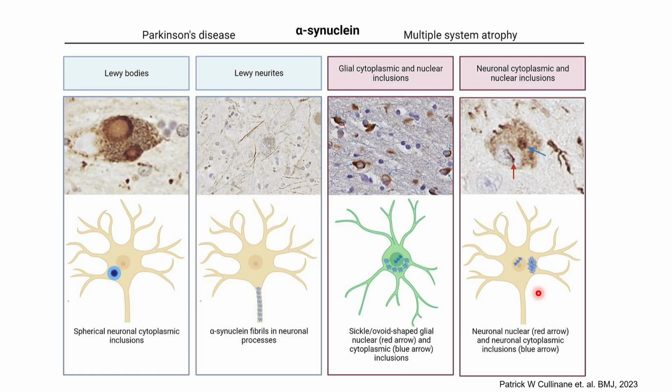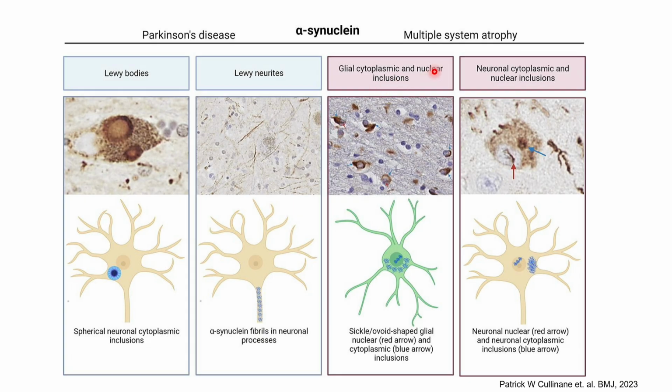Now, another protein which leads to NDD is alpha synuclein, and it includes Parkinson's and multiple system atrophy. A typical feature of Parkinson's is the Lewy body. This is the immunohistochemistry of the protein alpha synuclein, and this is the pictorial cartoon, showing how it could accumulate in the cytoplasmic part or in the fibrils of the neurons.